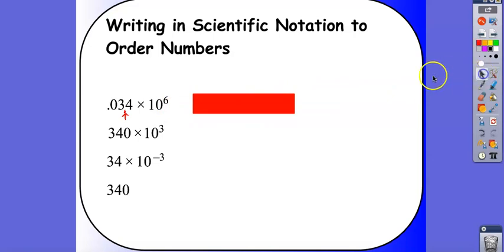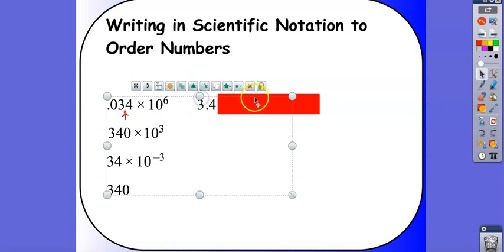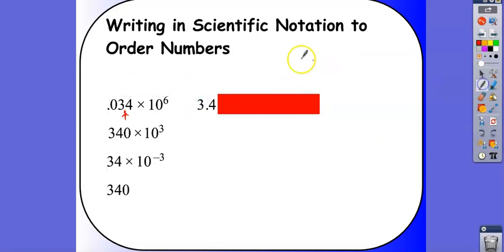This is what I am going to do, though, and I like the way I do this. I want it to be 3.4, right? Now, what would you have to multiply the 3.4 by to get to the 0.034? You're going to take this number and make it smaller.